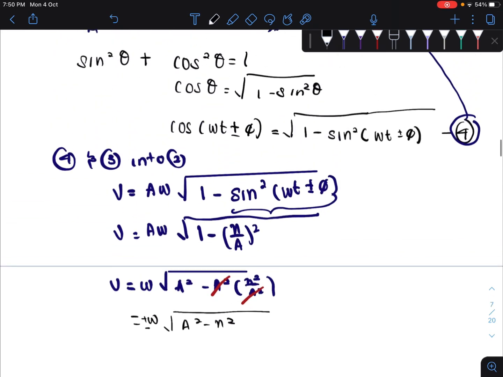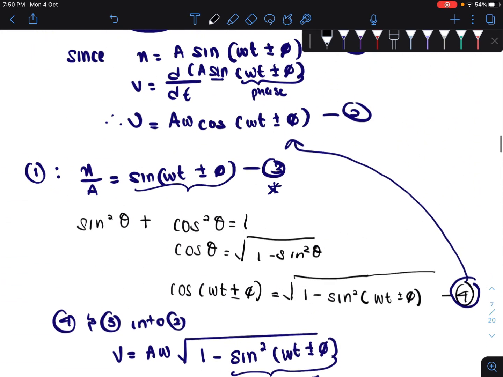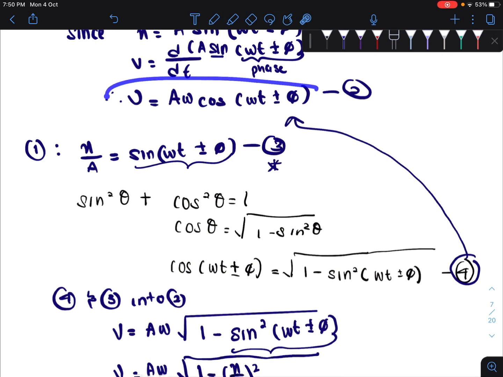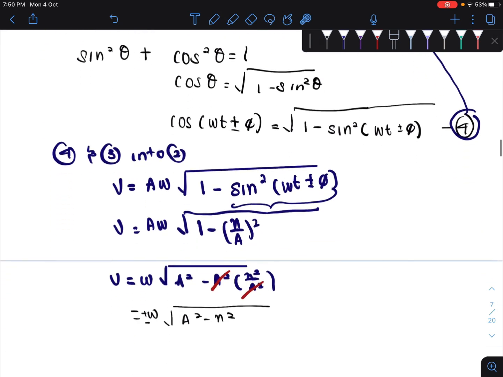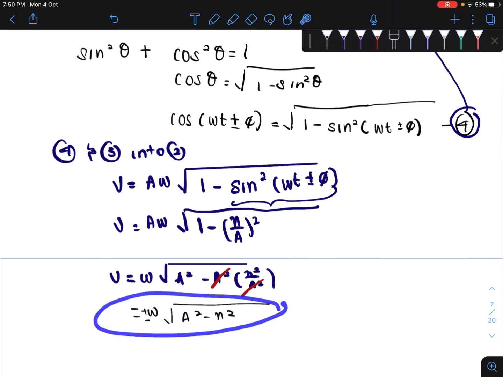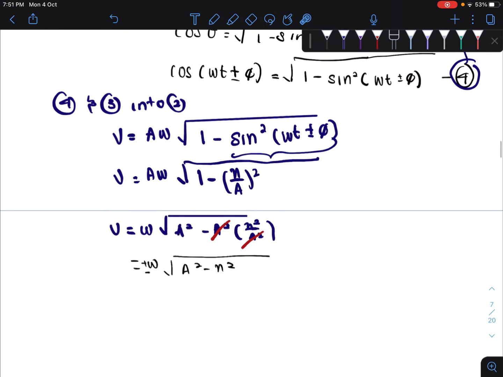So, now, what you have here is two equations for velocity. The first one is V equals A omega cos omega t plus minus phi, or V equals plus minus omega square root of A square minus x square. So, we have two equations. Okay, depending on the question, which one we want to use. Both can be used, depending on the situation or what is asked in the question.